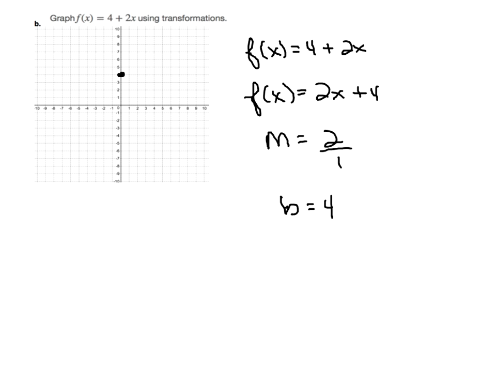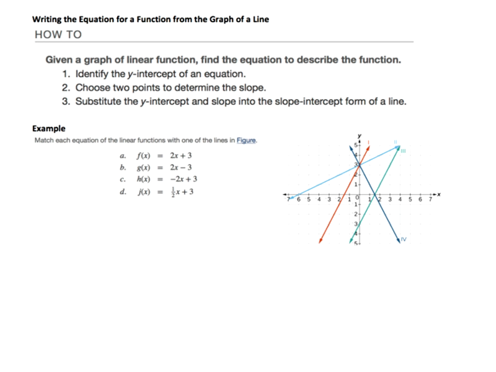So plot your y-intercept, move from your y-intercept up 2 and right 1 and put a point. 2 points determine a line, graph your line. Much nicer than transformations, huh?